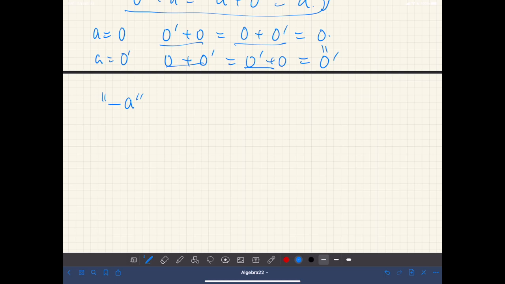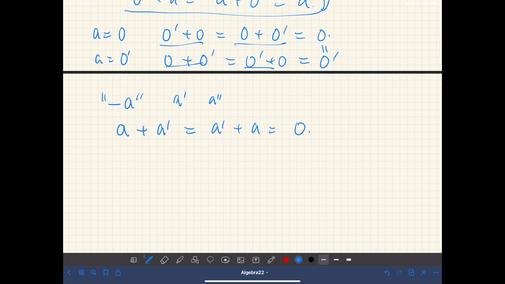We could have just expressed the same thing by some other letters like A prime or A double prime. So these are defined in terms of how they behave. A plus A prime is equal to A prime plus A is equal to 0.